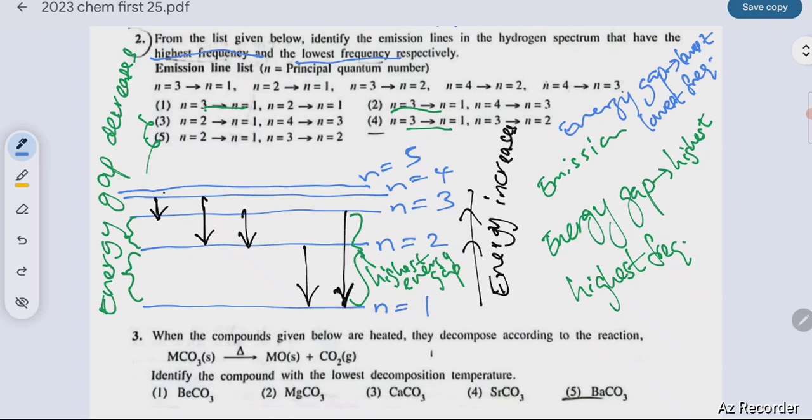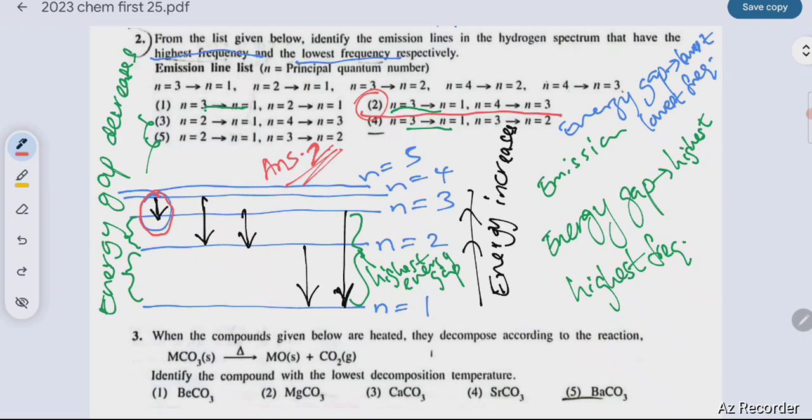That is this one, right? This is the lowest energy gap. So that is what? N equal 4 to 3. So the answer is second one. Answer 2. Right?